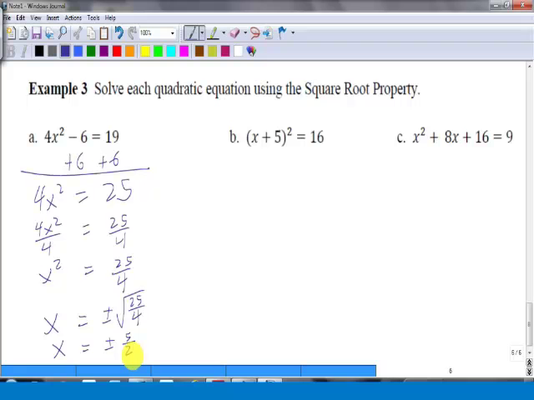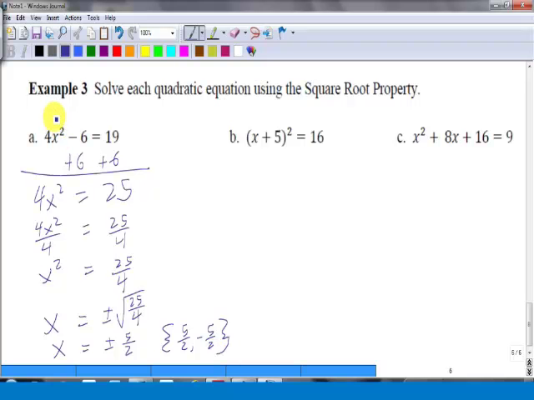Would Alex like 2.5 here? Maybe not. Stick with a fraction. Stick with an exact answer. Well, 2.5 is exact, but if it doesn't like the decimal, it doesn't like the decimal. So I feel confident with the 5 halves. So 2 solutions, 5 halves and negative 5 halves. And this is pretty easy to check, so I'll go ahead and do it.